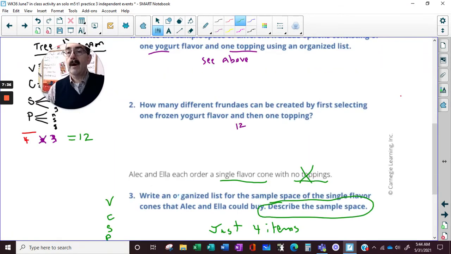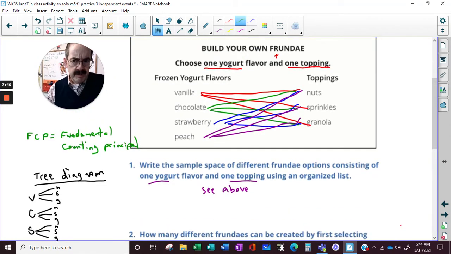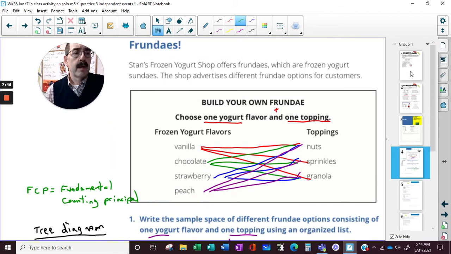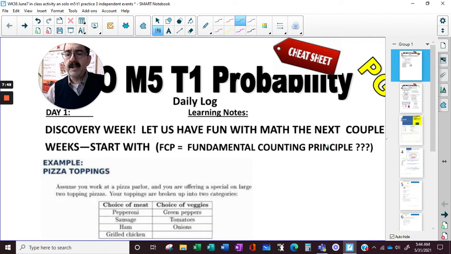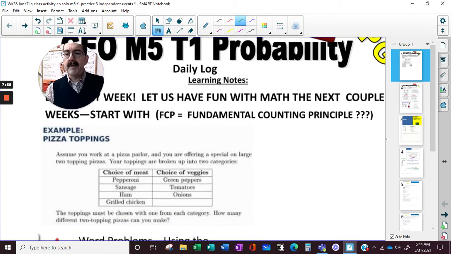Okay. All right. So this was an introduction to what's called the fundamental counting principle. Now we want everybody to take out their cheat sheet. Grab your cheat sheet and look at page 1. We're just getting started on this Discovery Week, an example with pizza toppings.